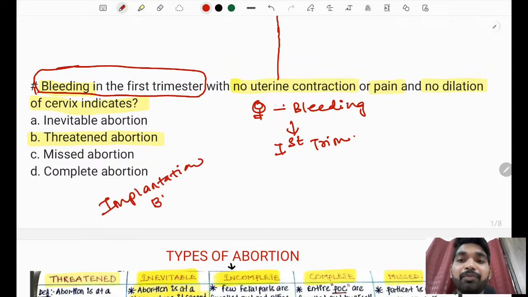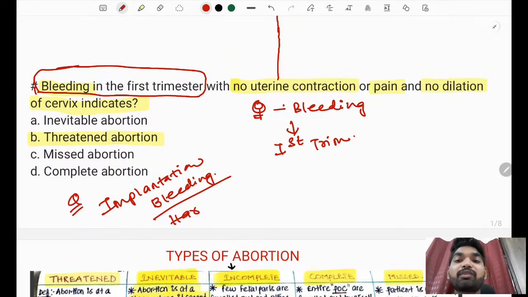After the formation of the zygote, the blastocyst will go and implant in the uterus, in the endometrium, which we call implantation. During that time, the woman can experience bleeding, which is called implantation bleeding, also called Hartmann sign.